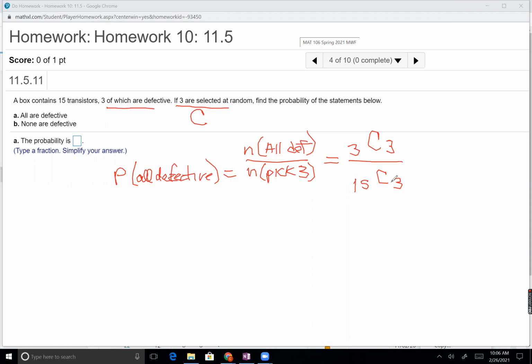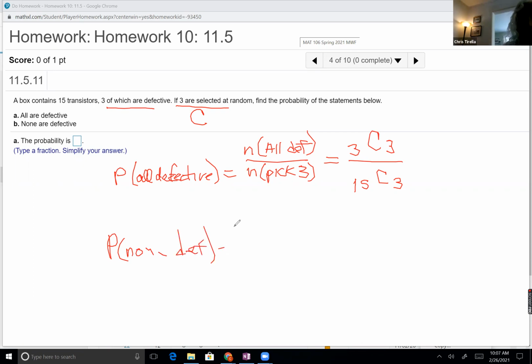Then if I want the probability that none are defective, wouldn't that be the number of ways I can get no defective ones over the number of ways I can pick 3?